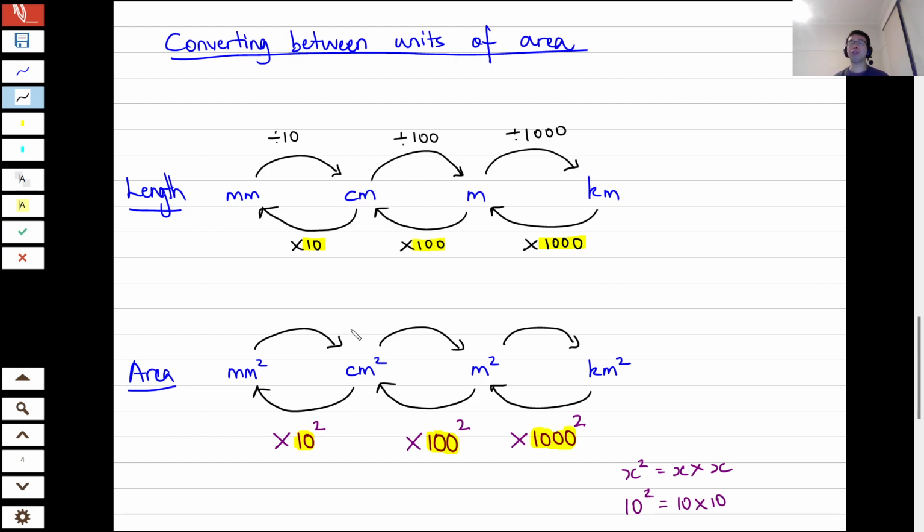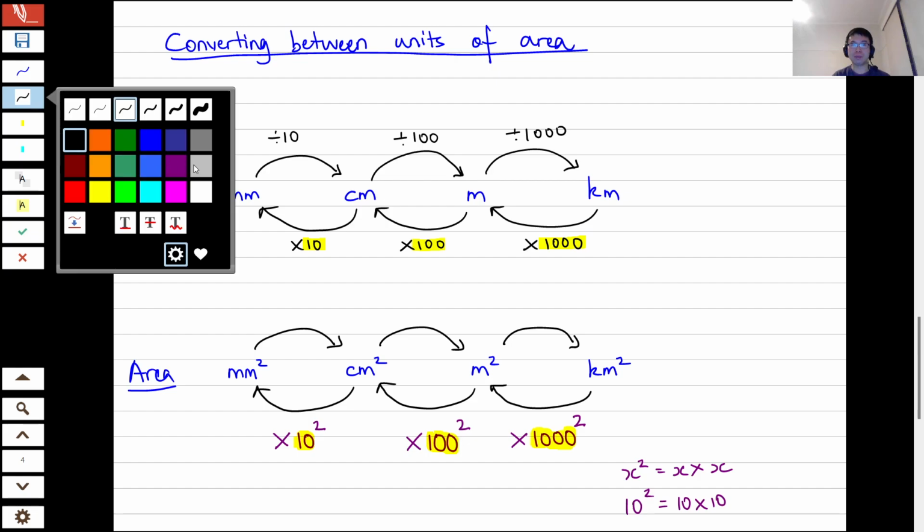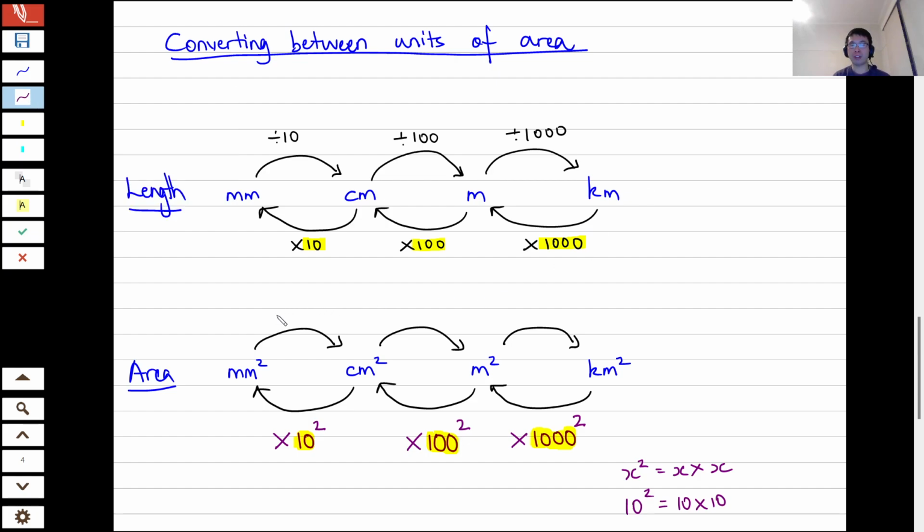What if I wanted to go from a smaller area unit to a larger area unit? Well, the answer is simple. Instead of multiplying, we're going to divide by the same number. So to go from square millimeters to square centimeters, I divide by 10 squared, and so on. Instead of multiplying by 100 squared, I will divide by 100 squared. Instead of multiplying by 1,000 squared, I will divide by 1,000 squared.